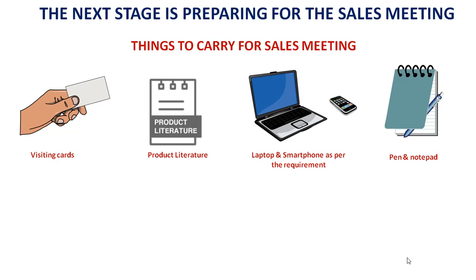The customer will express various kinds of special requirements, which the sales professional needs to note down and relate to the features of their products, showing how their product can satisfy the various requirements of the customers.